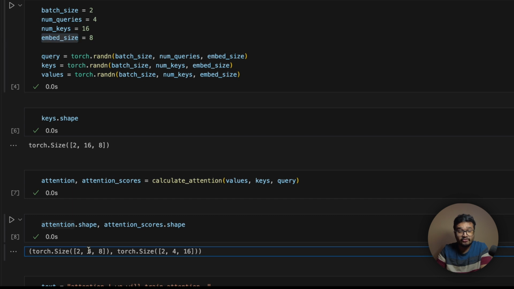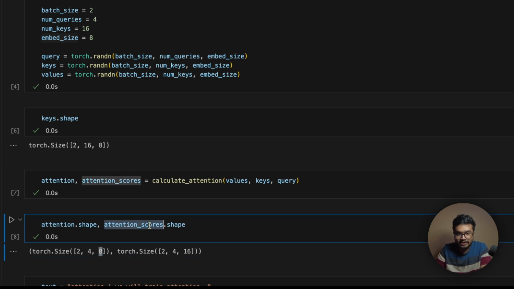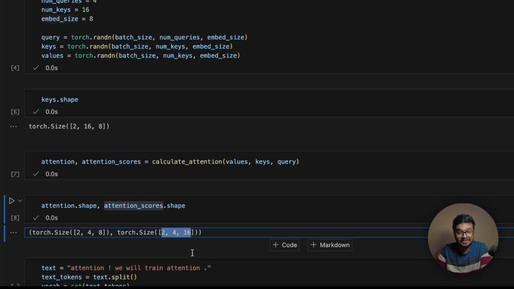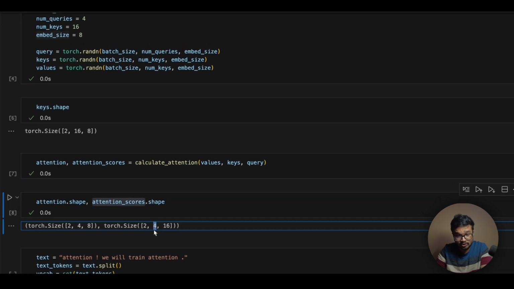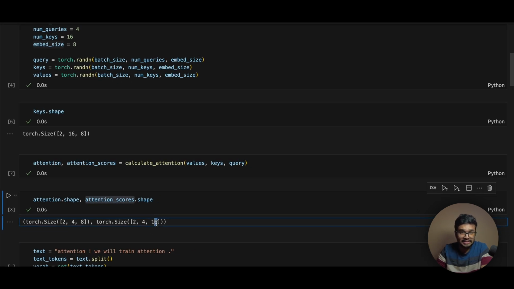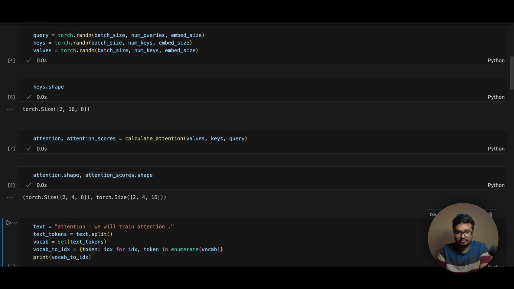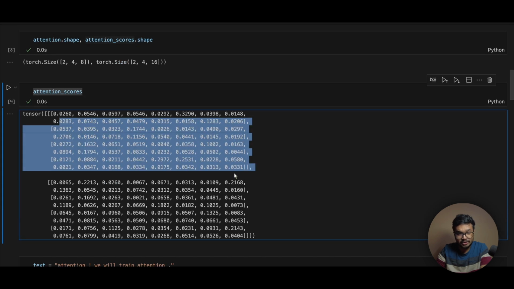So basically, for each query, you now have a context vector that summarizes all of the relevant key information. And for the attention scores, you have 2, 4, 16, which basically means for each query and each key, what is the attention score.